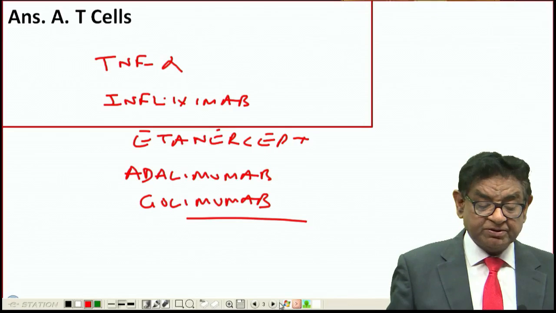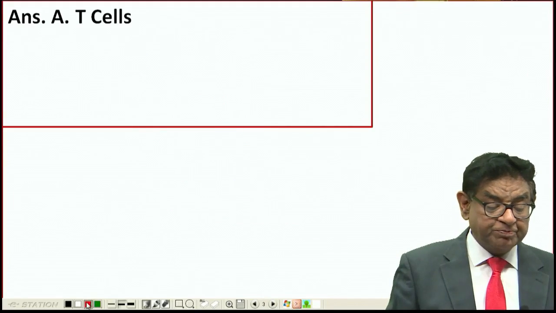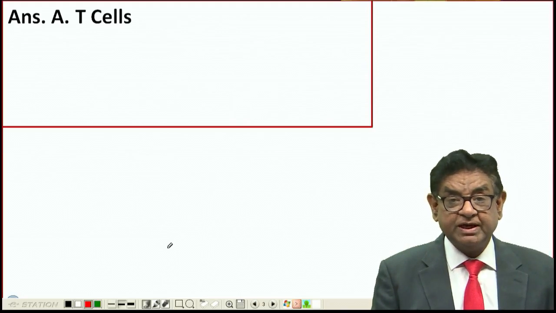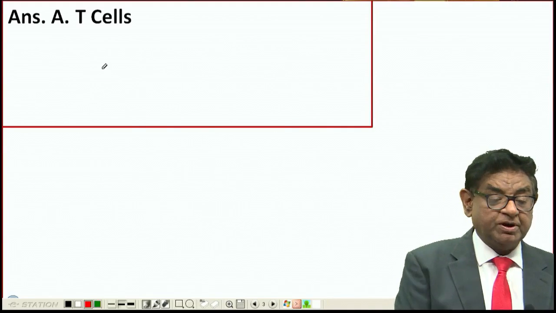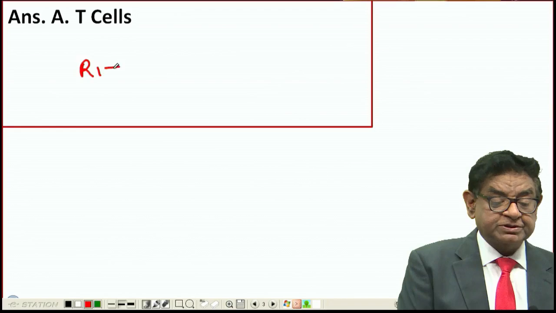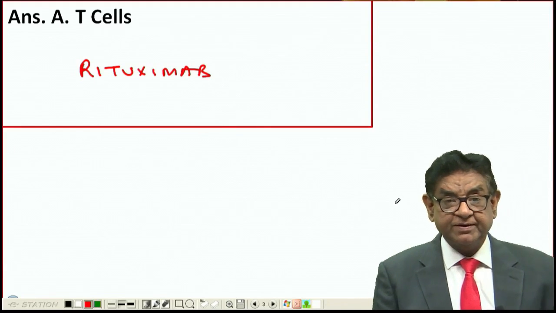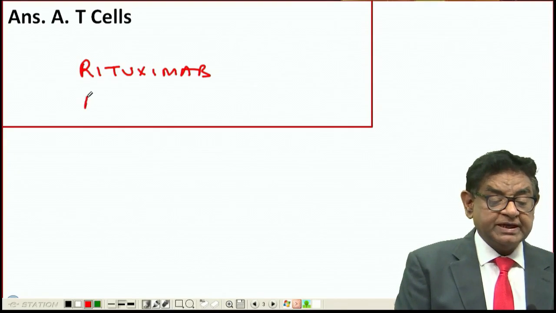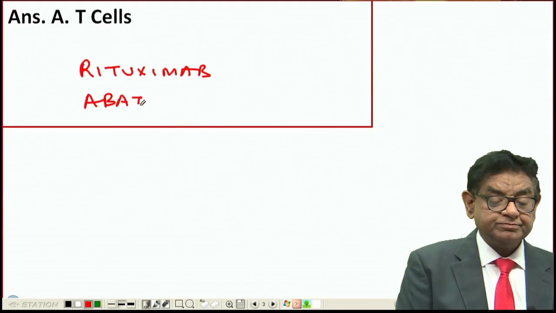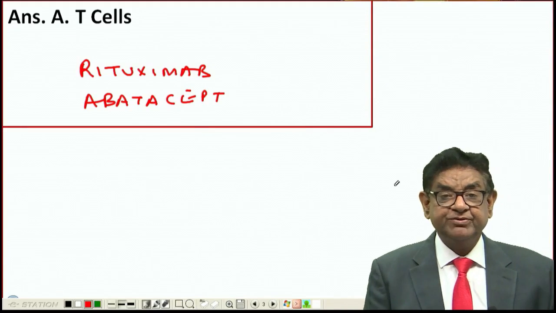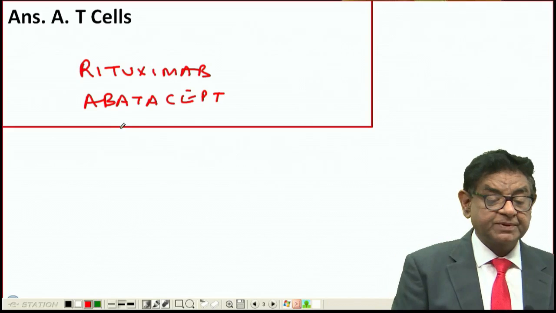Now let's learn about certain other groups of drugs that we use in rheumatoid arthritis. Of course, I'm talking about newer drugs. We also use rituximab, an anti-CD20 drug. We also use abatacept, a fusion protein.